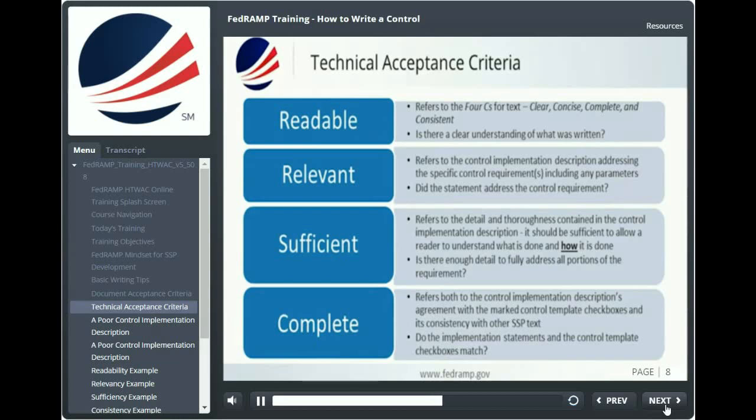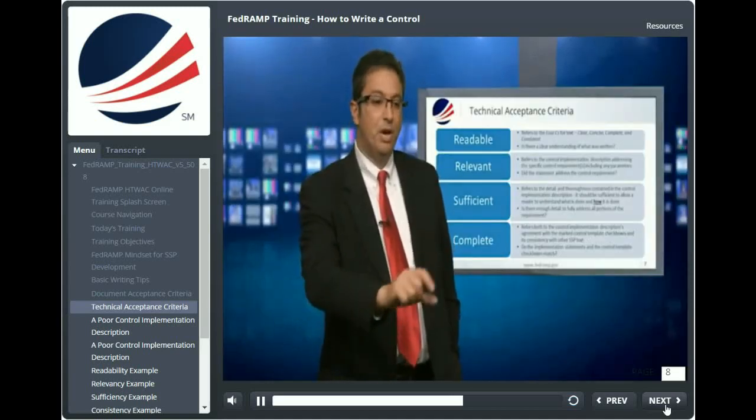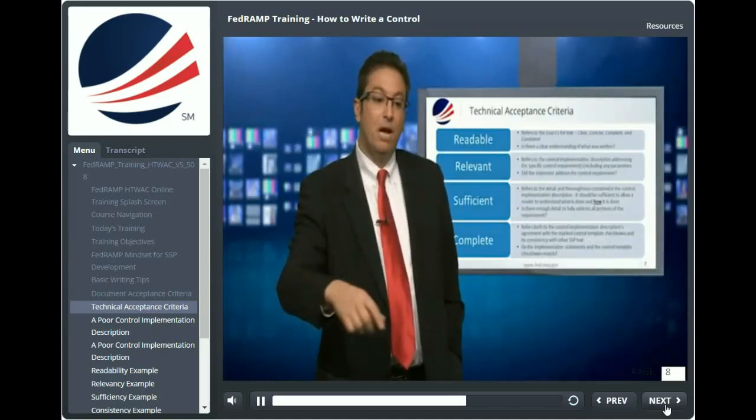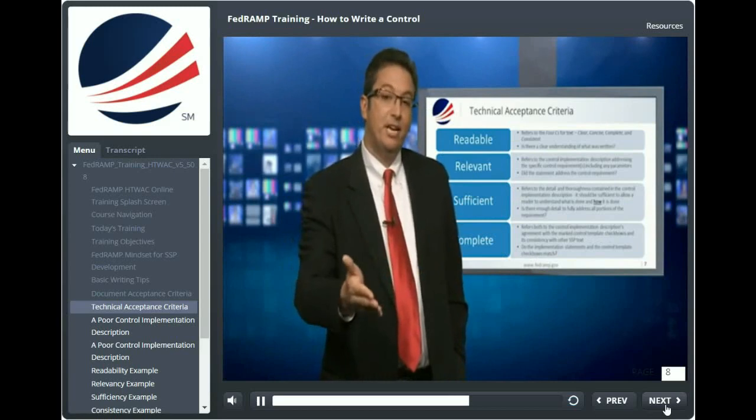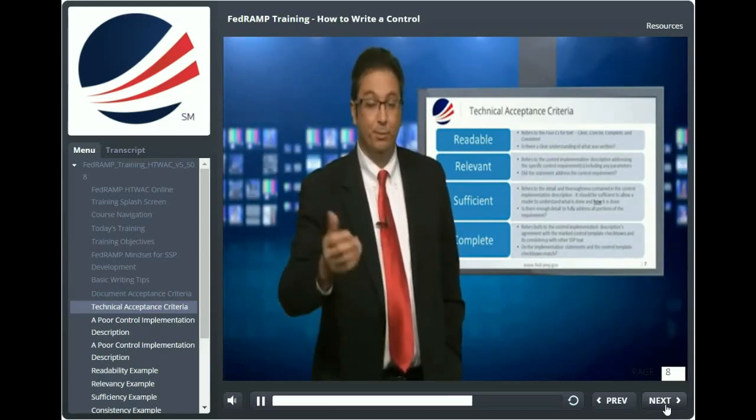If it requires more than one answer, because it may be hybrid or it may be shared, you want to make sure that you have your system's implementation plus the portion of the implementation where your customer's piece would go. So you would need to put in there a little blurb about what the expectation is from the customer. That's complete for you.